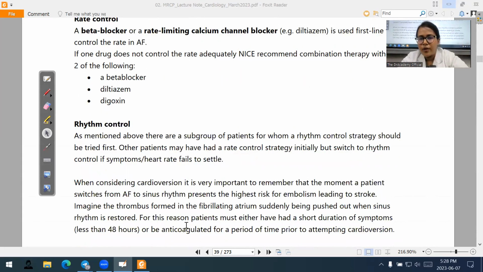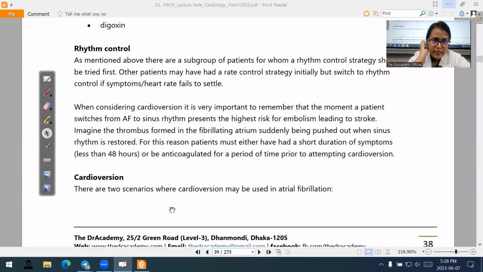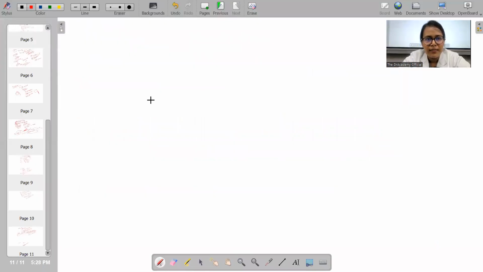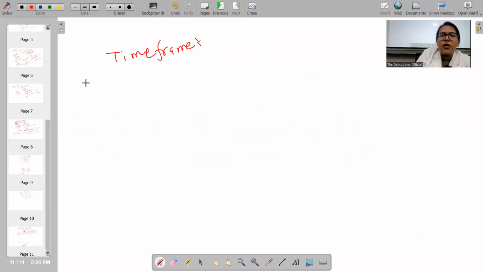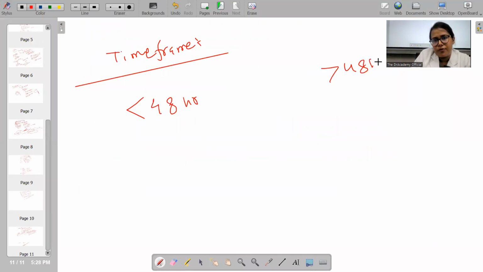And the rhythm control strategy, this is slightly complicated, but I will try to simplify it. In terms of rhythm control, look at the time frame. Whether the patient presents to you with less than a 48-hour time frame or more than a 48-hour time frame, okay?